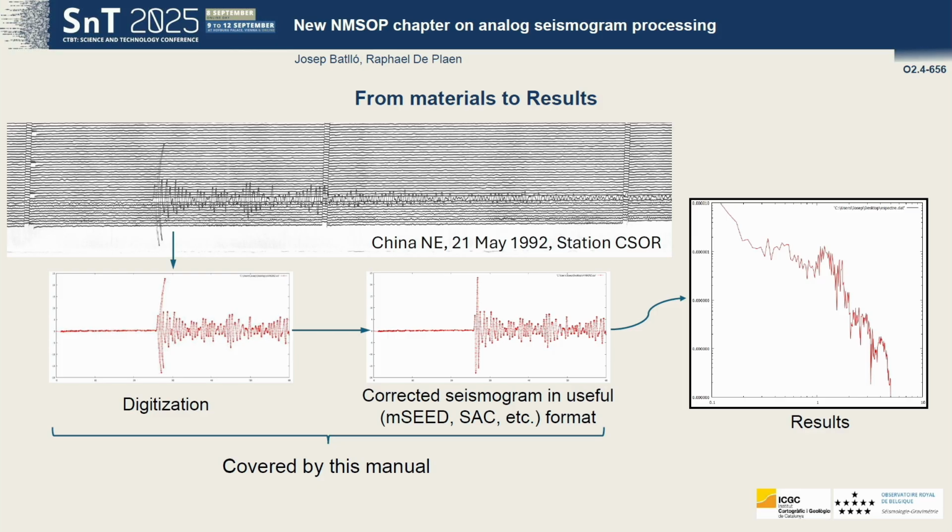Normally we pass through scanning right now, then digitizing. This seismogram is not yet ready to work with; it needs some corrections, and then it's possible to do simple spectra here. And it looks like this spectrum is in displacement, not in velocity.